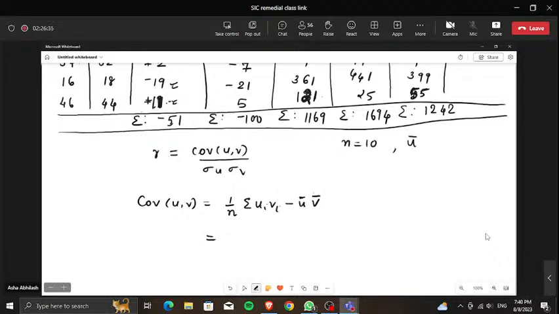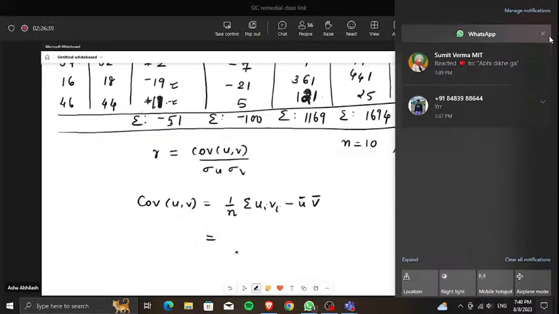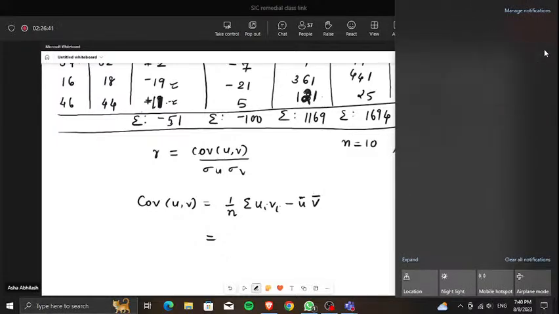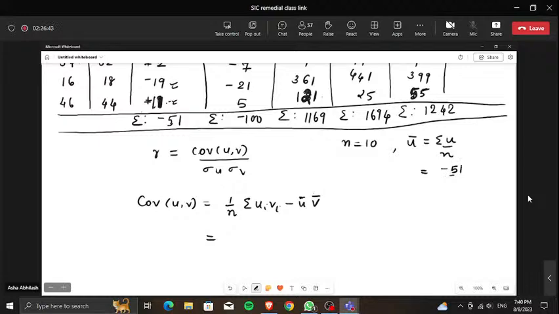U bar we can find by summation U by n. What is your summation U? Minus 51, right? Yes. And summation V is minus 100. So minus 100 by 10. So U bar is minus 5.1 and V bar is minus 10.